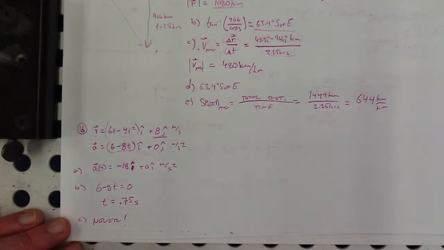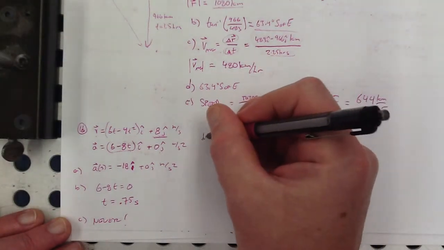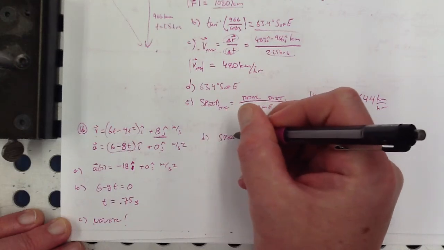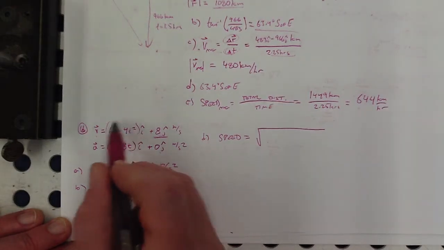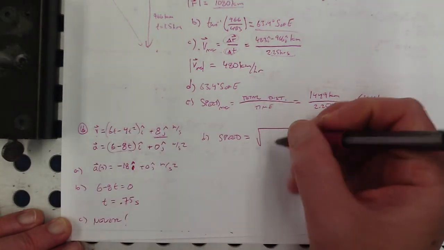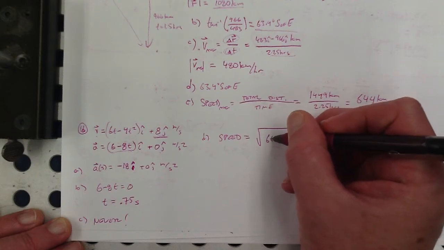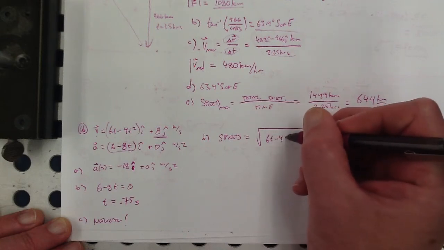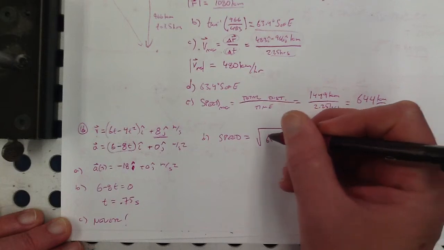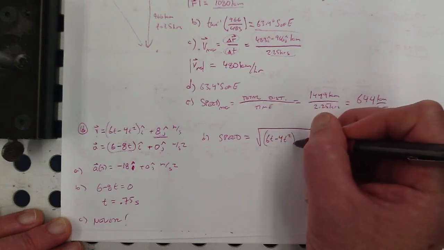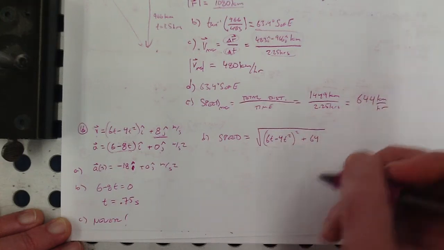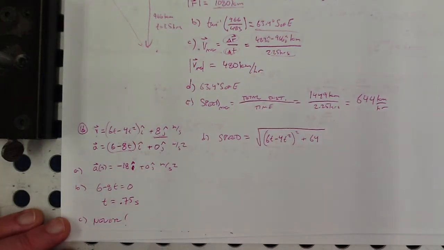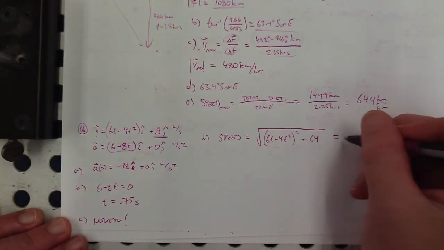When, if ever, does the speed equal 10? Well, what's the speed? The speed is equal to the magnitude of the velocity. So that's the Pythagorized version of these things. So that's the square root of 6t minus 4t squared, plus 64. And they want to know, is that ever equal to 10?